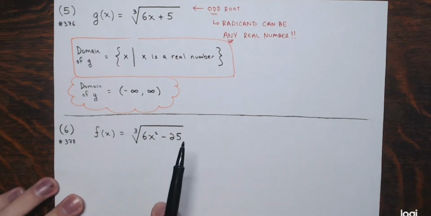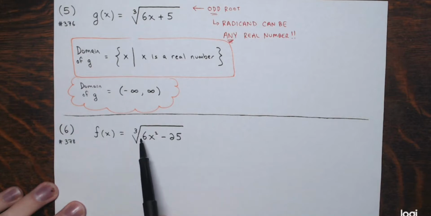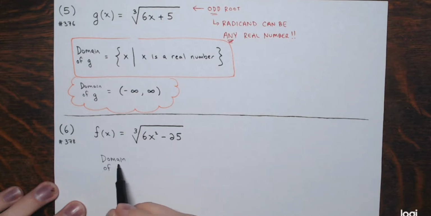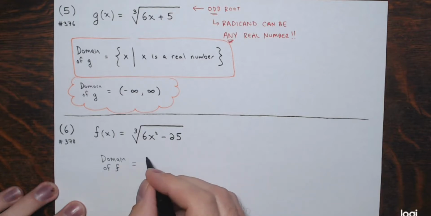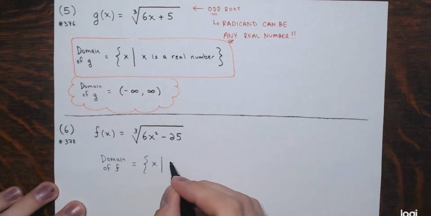Remember, that's another thing you have to worry about: the denominators can't be 0. You can't take even roots of negative numbers. Those are things you're worrying about when stating the domain. But if it's an odd root, and there aren't any denominators with variables, then once again the domain of this function is all real numbers. I can plug in any x I want, as long as x is a real number.